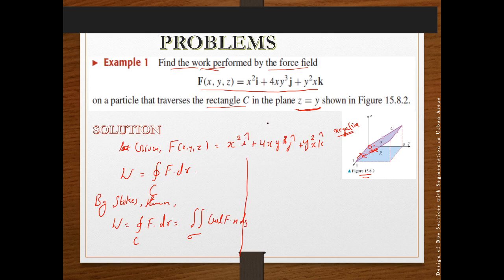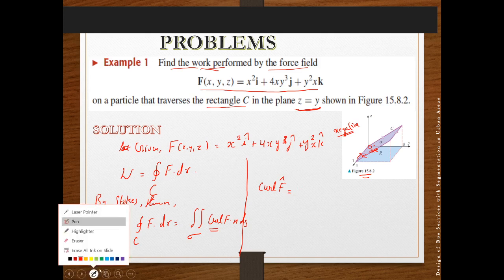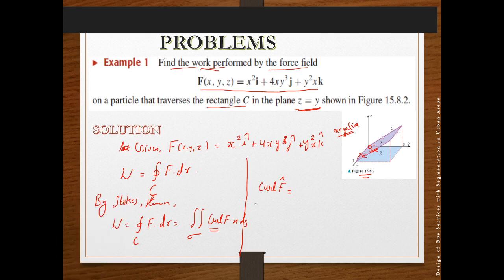Now first, our aim is to find curl F. Please find curl F. What is the formula for finding curl F? Anybody? First we have to find curl F, then we have to find n dS.